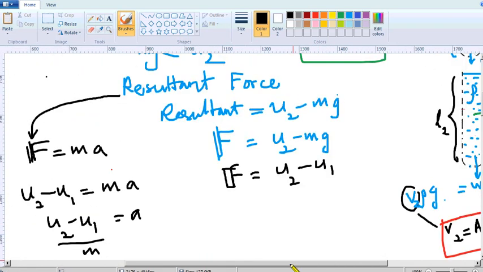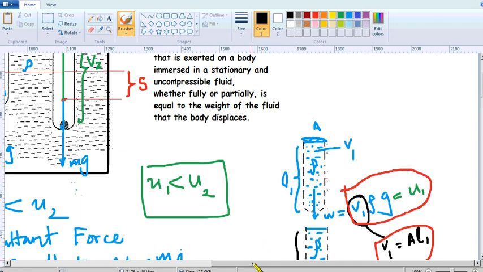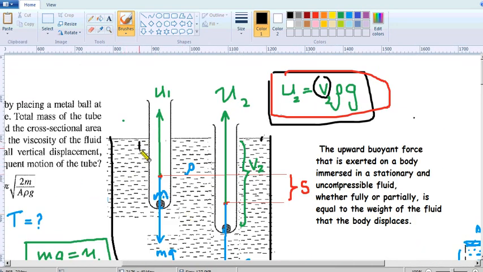Now let's go to the diagram. L2 is the length under water level at the second time, L1 is the first time. So this one is L1 to this level, and this distance is L2. So what is L2 minus L1? L2 minus L1 is this distance, so it is equal to S. Why?